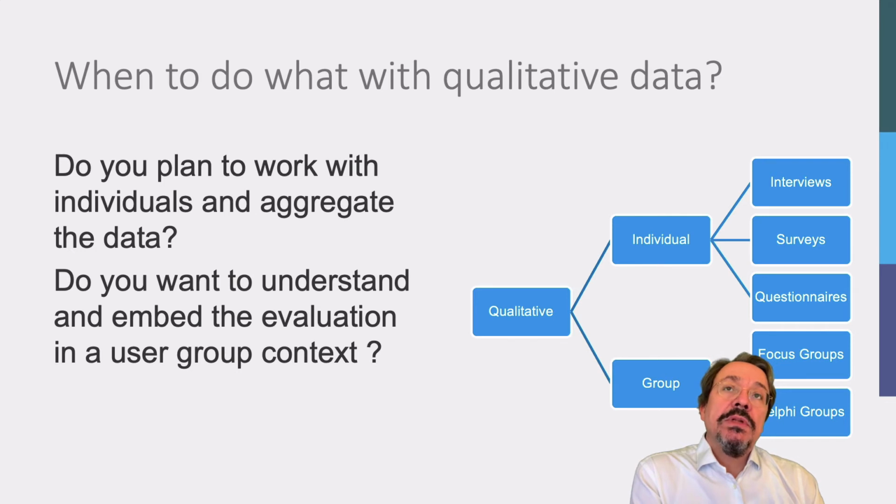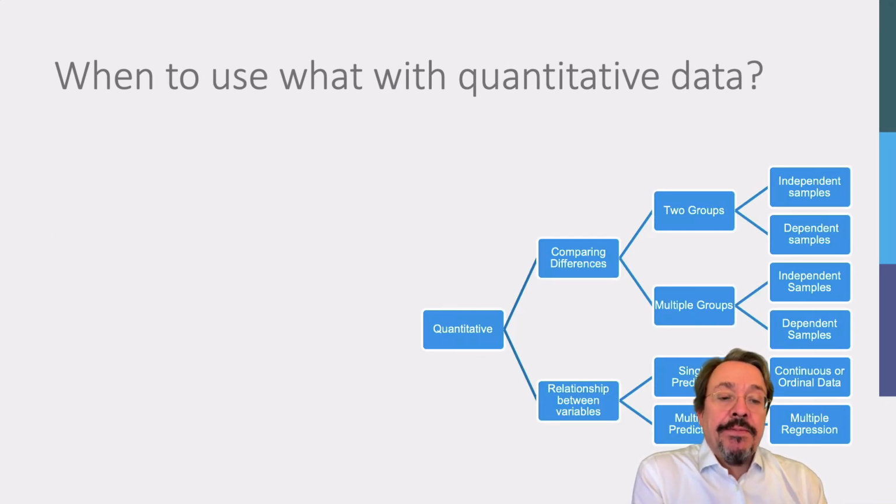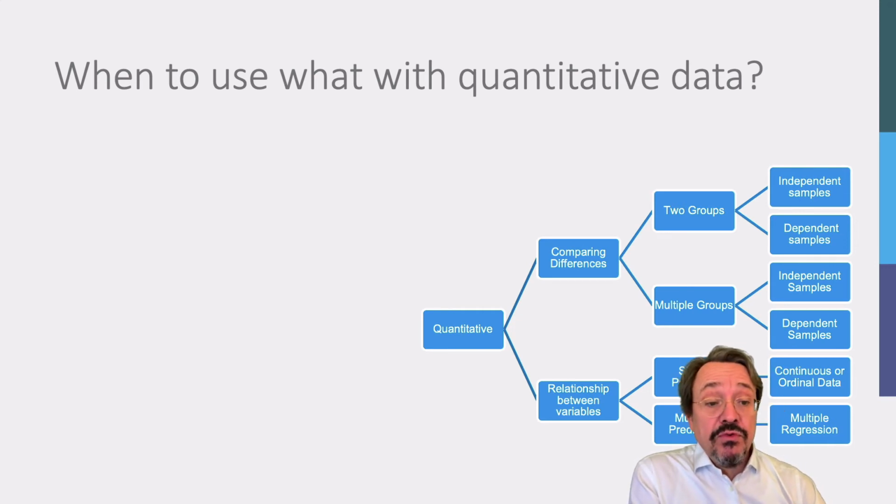So now, let's say you came to the decision you start with quantitative data. There you have to first take the decision, do you want to compare differences between groups or treatments? And then do you have two groups or do you have multiple groups?